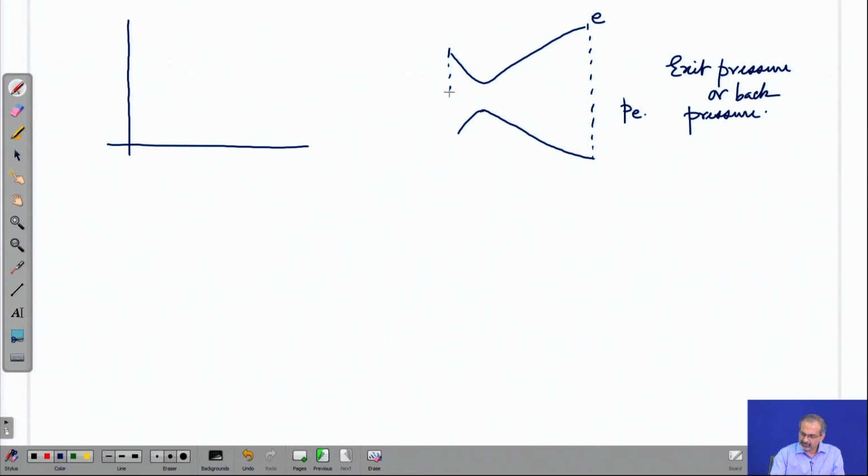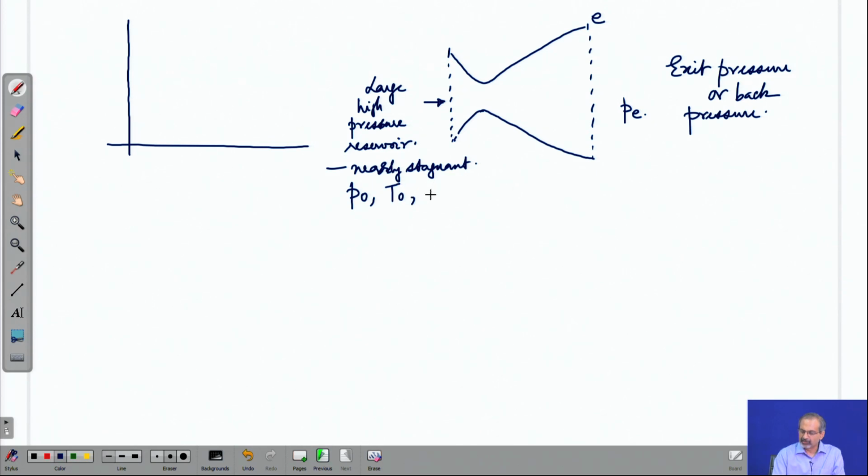And let us say you are starting the flow by feeding this from a large high pressure reservoir where the flow is nearly stagnant, which means the pressure over there is P naught, temperature T naught, density rho naught and so on, nearly.